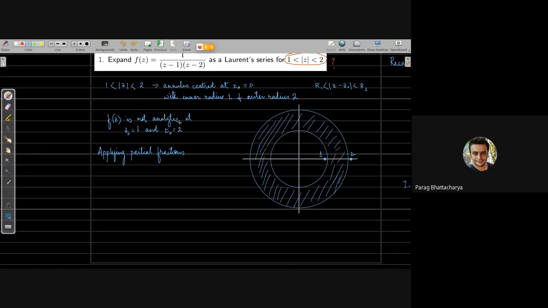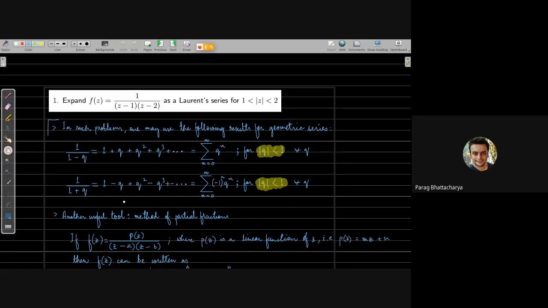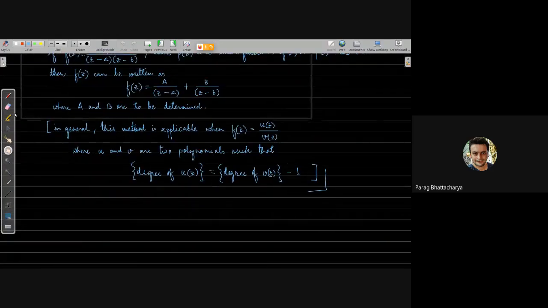Let me just correct this a little bit, such that it is not equal to, it is less than or equal to. At least it must be equal to the degree of the denominator minus 1. Okay, so now let's go back to this problem.